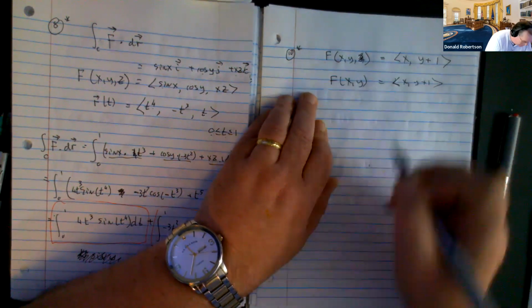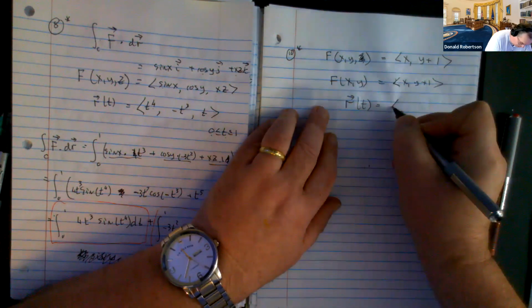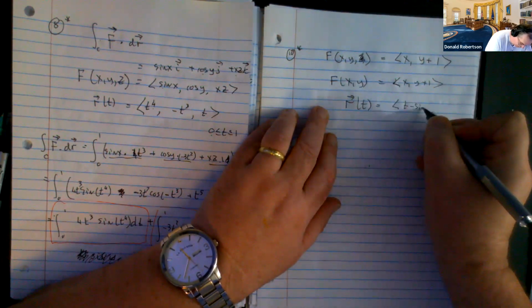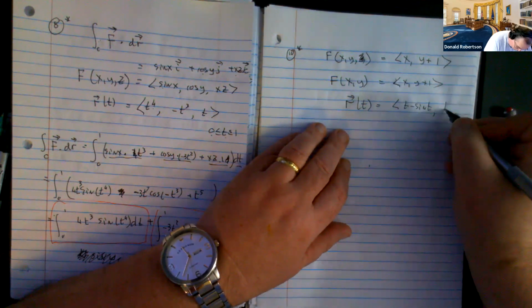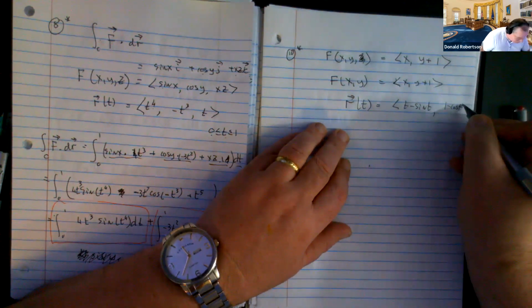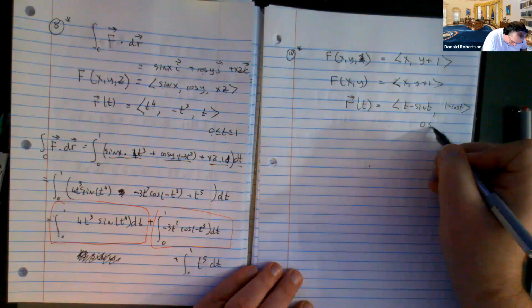Let's go. Our space curve is t take away sine t, comma 1 minus cosine t, and t goes from 0 to 2 pi.